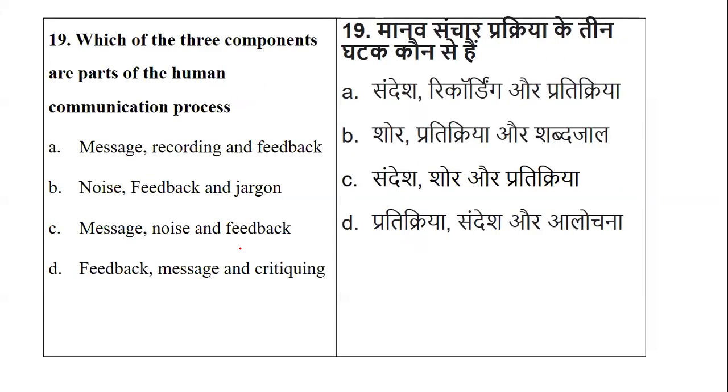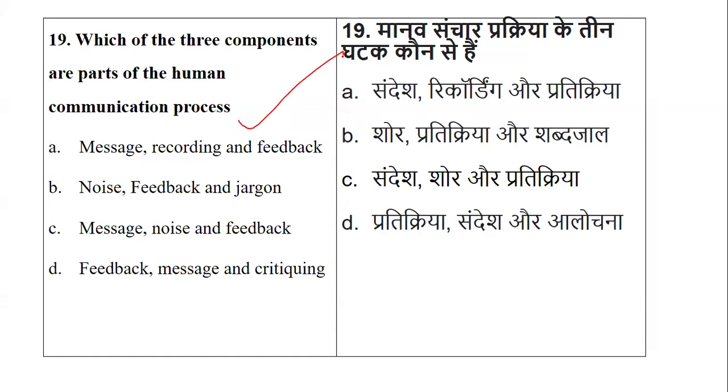Now, which of the following are the three components which are a part of the human communication process? This question is a little twisted, just to create a little confusion and make you think. The options are message, recording, feedback, noise, diagrams, critiquing.